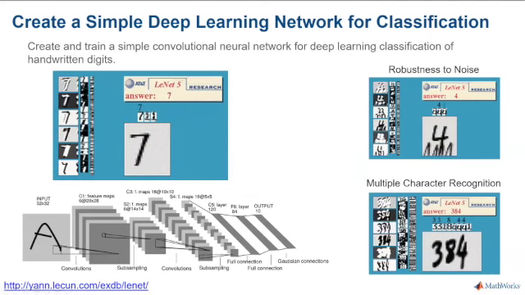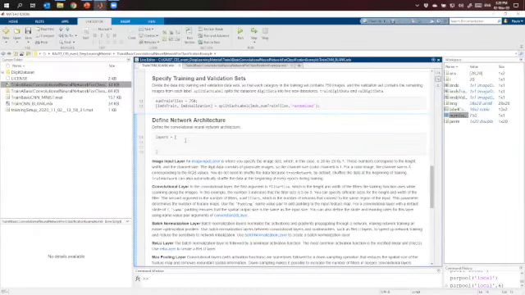So we're going to build this. The first one is going to be the input. Sorry, it's called the image input layer, and you provide for this the 28 by 28 by 1. This is the size.